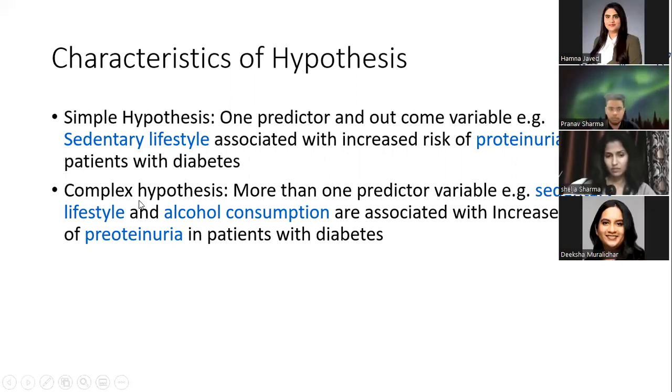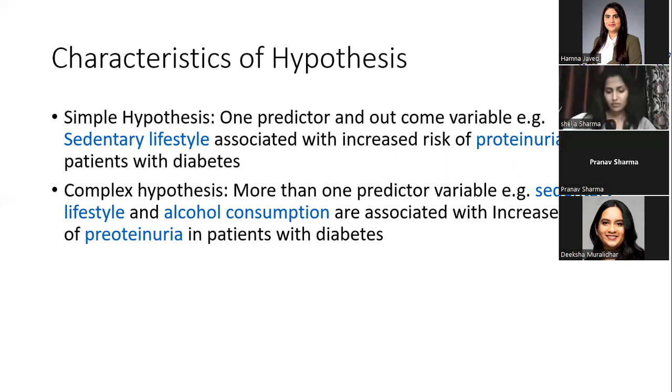Complex hypothesis: if you have more than one predictor or exposure variable or outcome variable, it becomes a complex hypothesis. We did talk about it in the first or second session, where we said you can have sedentary lifestyle and alcohol consumption associated with increased proteinuria, or you can say sedentary lifestyle is associated with increased risk of proteinuria and acute kidney injury in diabetes patients. It doesn't matter.